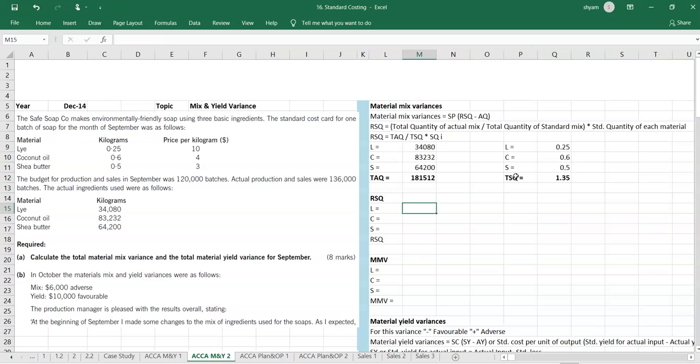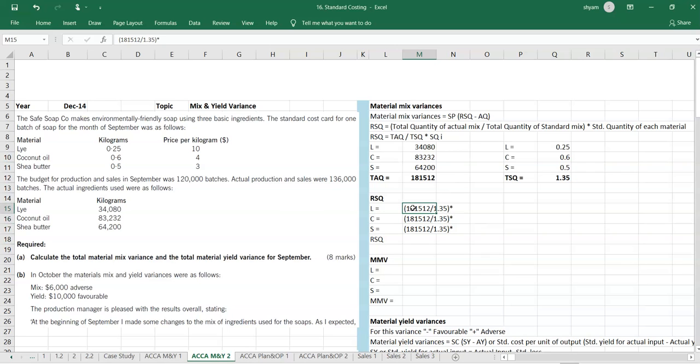So we know our TAQ and TSQ. Let's work out the number. It's going to be 181,512 divided by 1.35. This is common to all the L, C and S, so we can just copy and paste it.